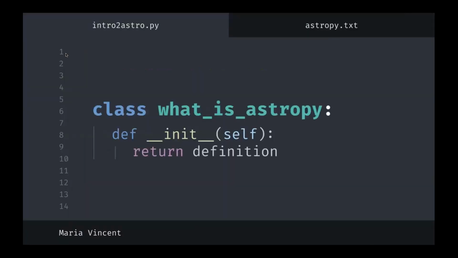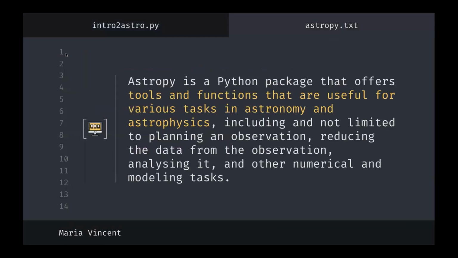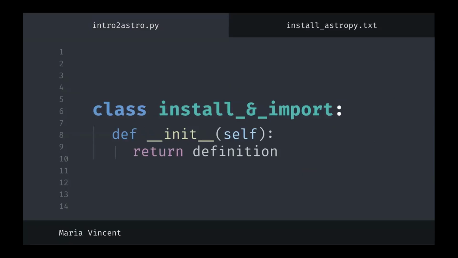So let's start with what Astropy is. Astropy is a Python package that is very helpful in letting you do various tasks in astronomy and astrophysics. This includes planning an observation, reducing some data you got from that observation, analyzing the data, and other numerical and modeling tasks that you would need in astronomy research.